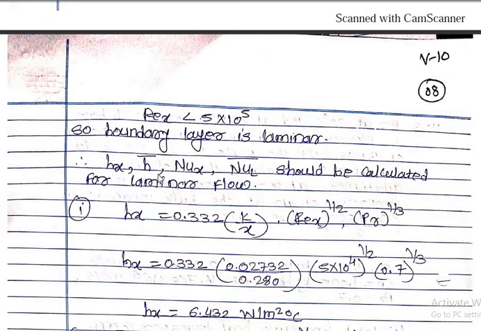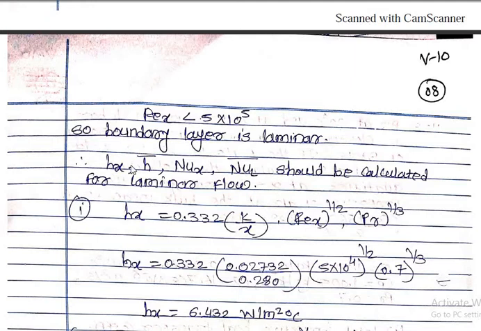So h bar, Nu x, and Nu bar, that is nothing but the average Nusselt number, should be calculated for laminar flow only. So we have to consider the formulas for laminar flow over the flat plate.